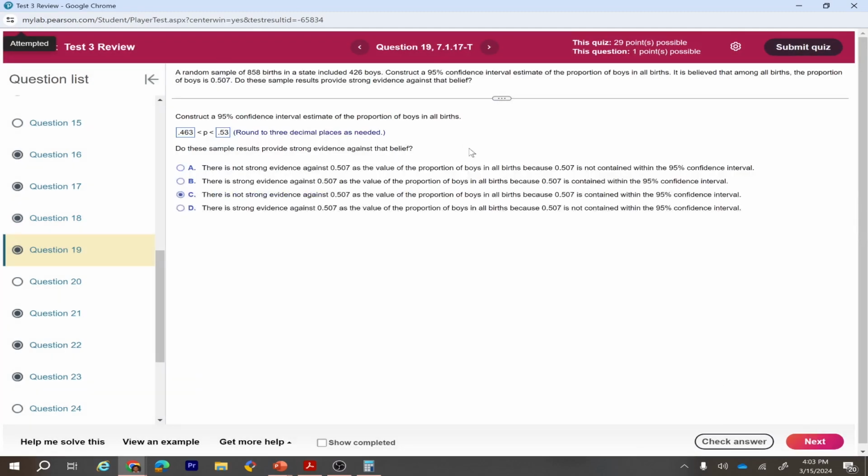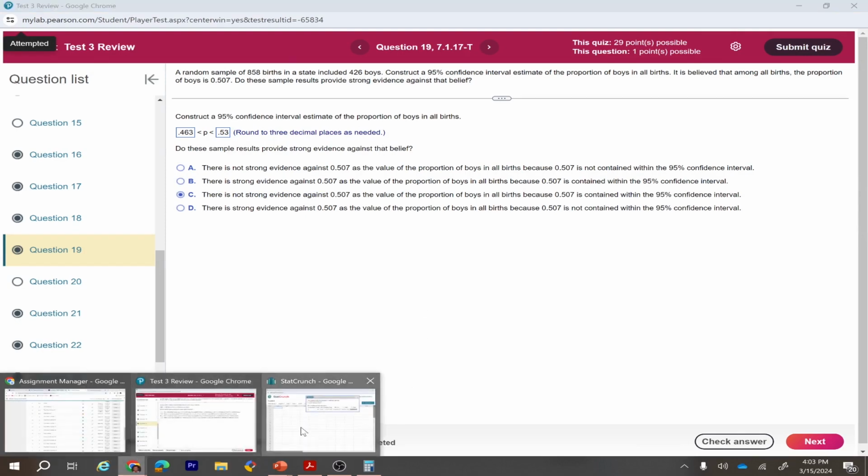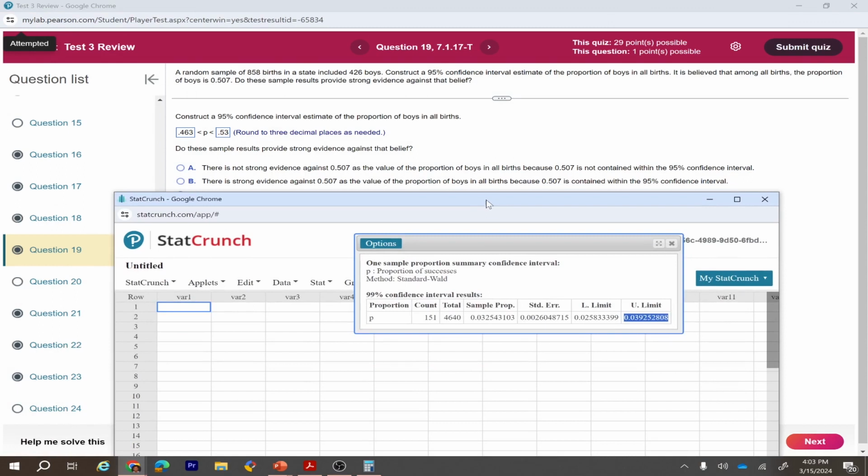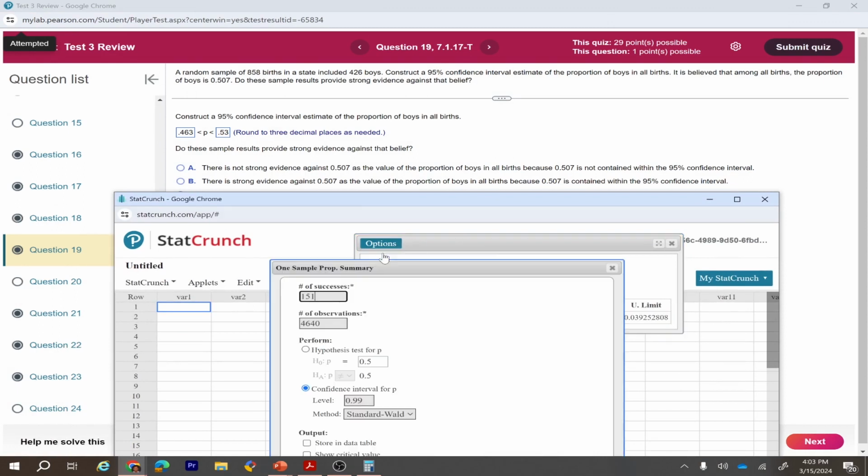This is exactly the very same problem, and you can do it the very same way. Go to StatCrunch, find the proportion calculator, and fill out this information. The total number of observations in this problem is 858, and out of 858, 426 are boys.